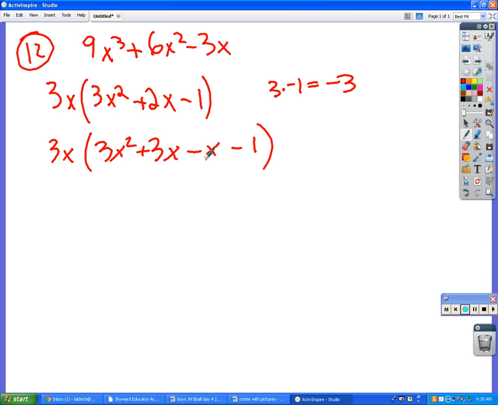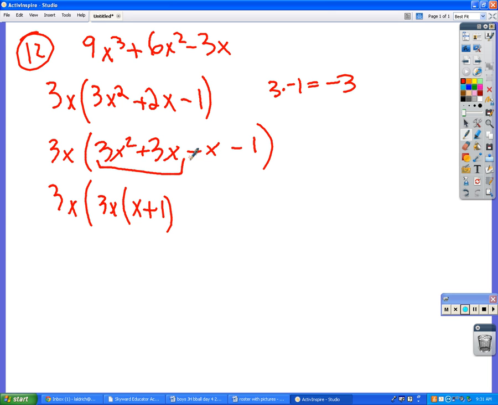Hopefully this is vaguely familiar because we spent a lot of time on this. Now I'm going to look at this piece right here. What can I factor out of 3x squared plus 3x? A 3x. And that will leave me with x plus 1.